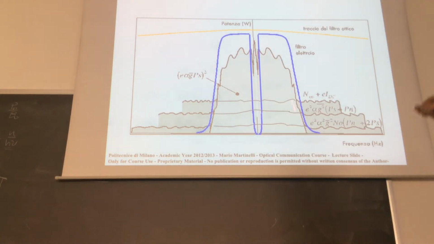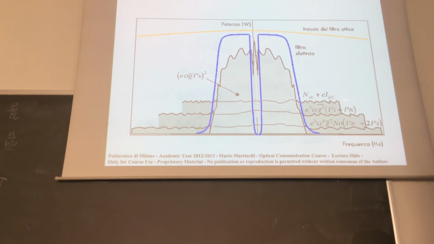And this is the gray part. So the gray part is the spectrum of the signal that contains also the DC term, of course, but we remove this. And then we have the noise, because we know that the electrical noise, thermal and dark current, is flat because it's a shot noise process.